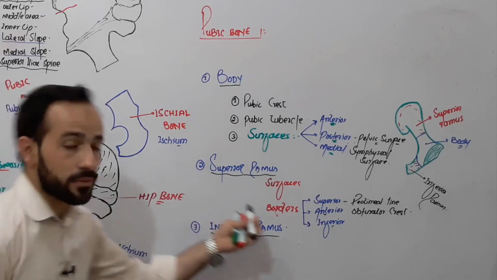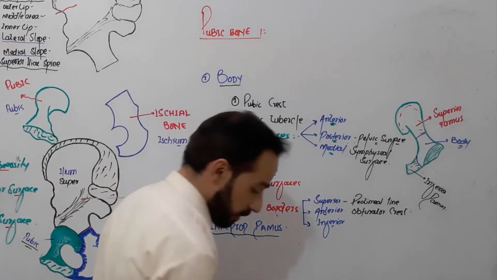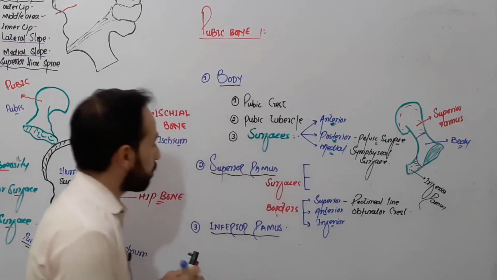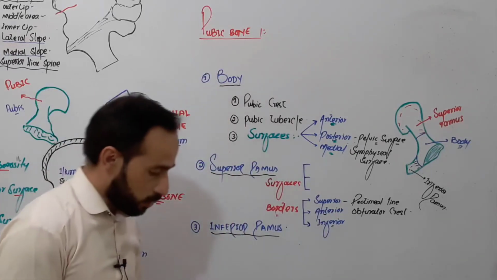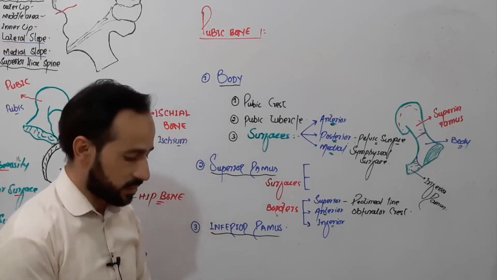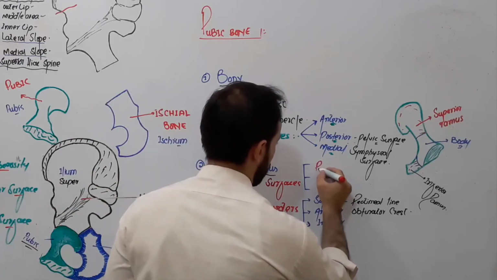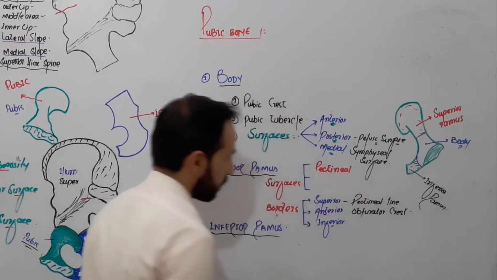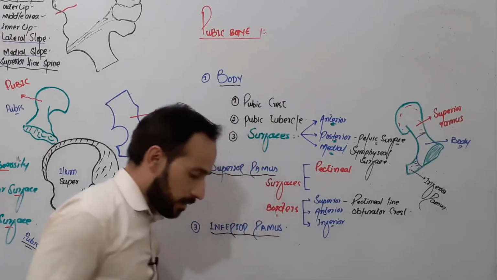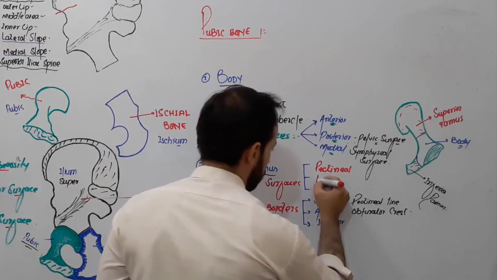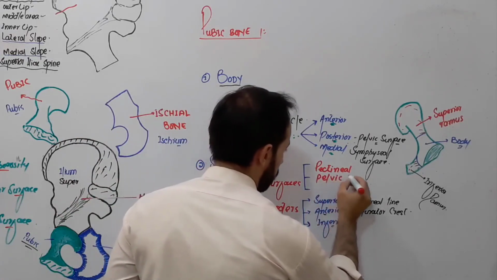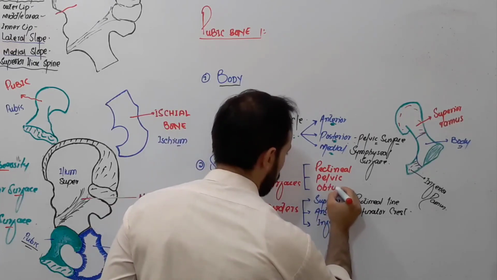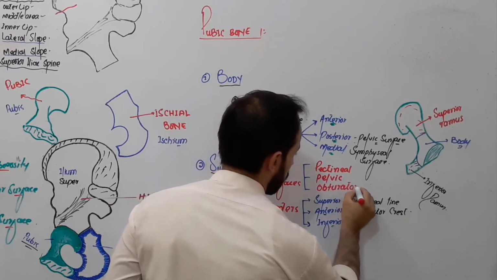Now we have three surfaces. There are three surfaces which the superior ramus of the pubic bone has. What are these surfaces? The pectineal surface, then the pelvic surface, and then the obturator surface.